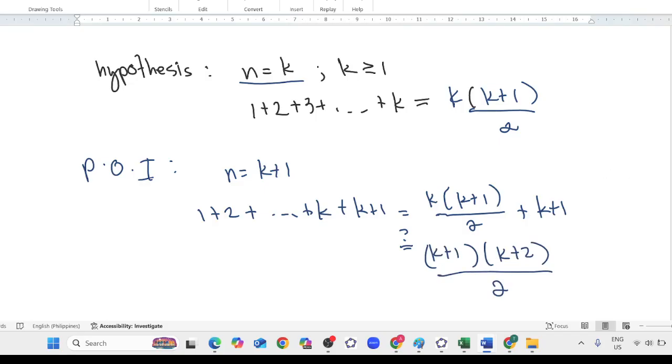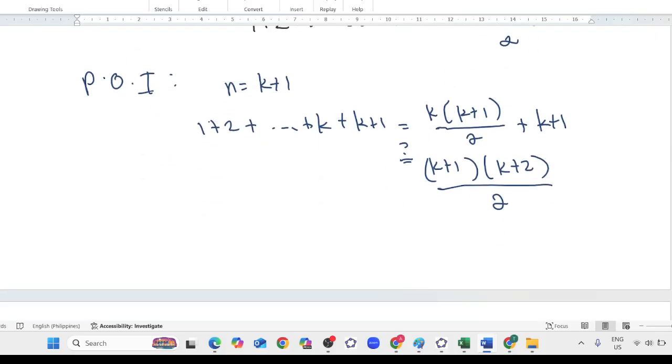So that is the case. We have k times k plus 1 over 2 plus k plus 1, because this is our hypothesis of induction. Let's solve this one.